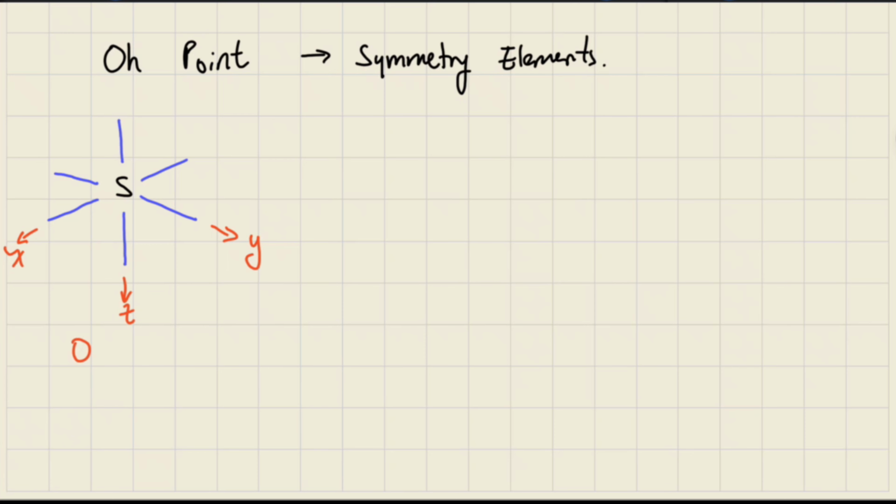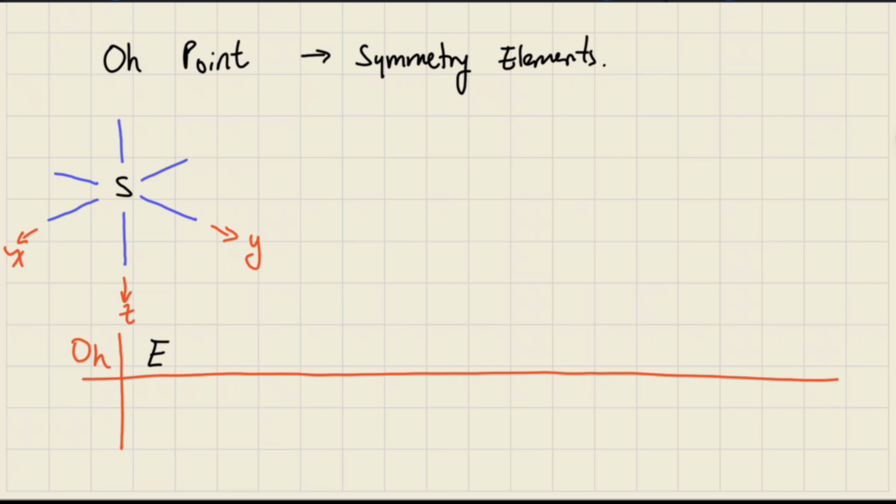In the octahedral point group, and you can look at it on the internet or somewhere else, we have an E operation, 8 C3 operations, 6 C2 operations, 6 C4, 3 C2 prime, which can also be written as C4 squared, of course.